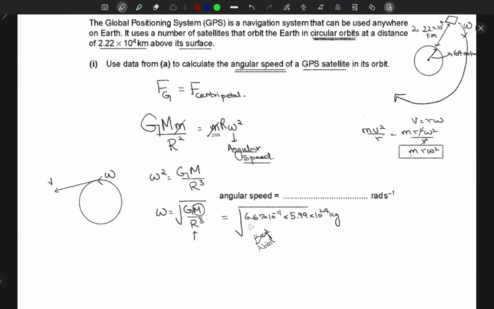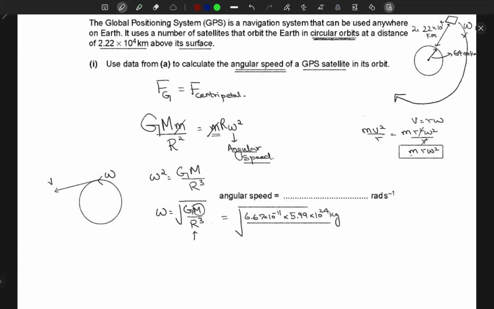Anyways, so that's that, and then divided by, now what would be the value of r? It would be the value of how far away the satellite is. So how far away is the satellite? It's 2.22 times 10 raised to, kilometers. So what value would I use in r?